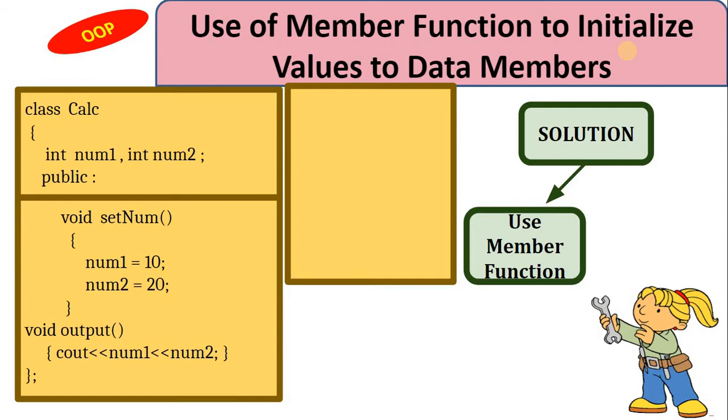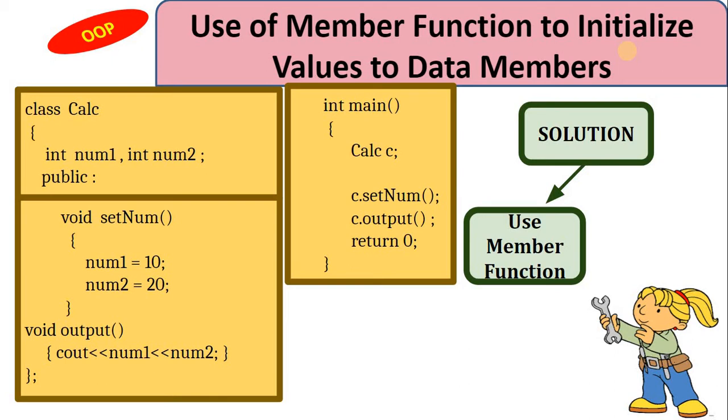This is a simple concept, and the setNum function is then called through the main function by using the object of the calc class. So you create an object c of calc and then call the setNum function, which initializes the values, using c.setNum, and to display the values you use c.output. This is how you use member functions to initialize the values of the data members.